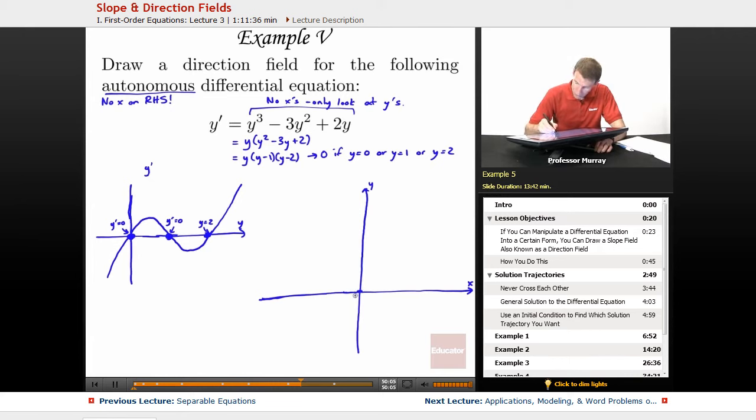So there's y equal to 0, there's 1, there's 2, and that means that wherever y is equal to one of those values, y prime is 0, so I have horizontal slopes there. So let me draw some horizontal slopes there. These are horizontal slopes.